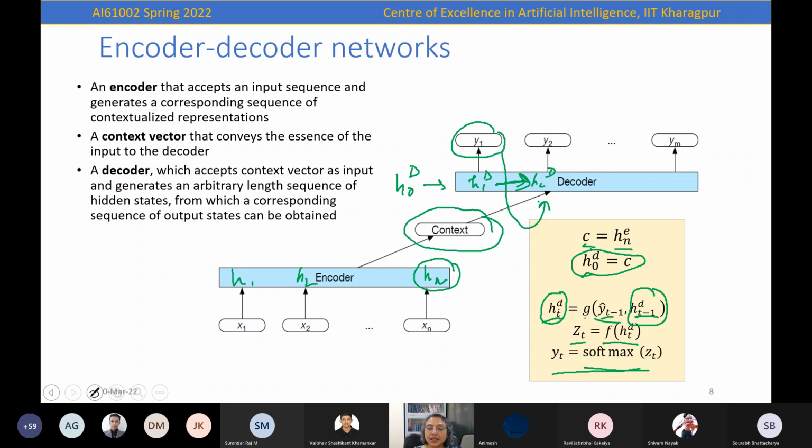In addition, we give the previous output in order to get the next output, because in a language model, in a sequence, the previous output has a role to play. So the next word also depends on the exact word which was output. Of course, it depends on all the words which were output, but the immediate previous word is given as the input. So Vaibhav, does that answer your question?